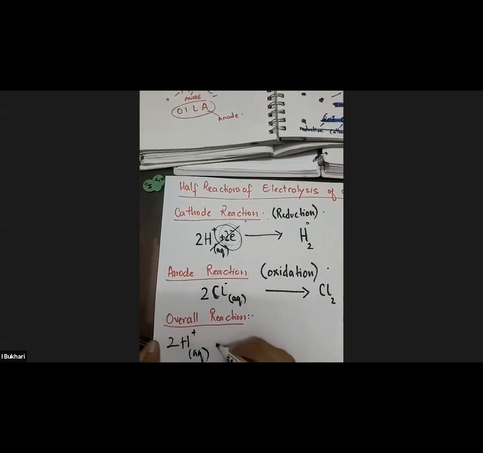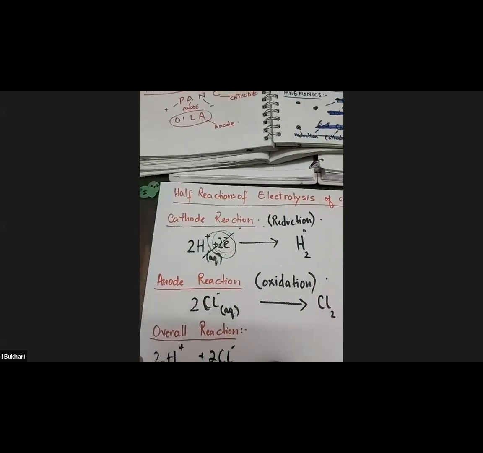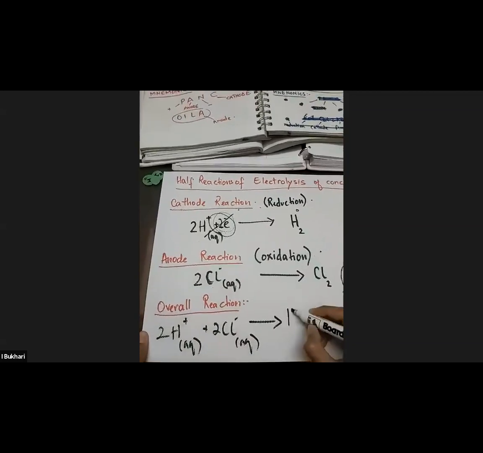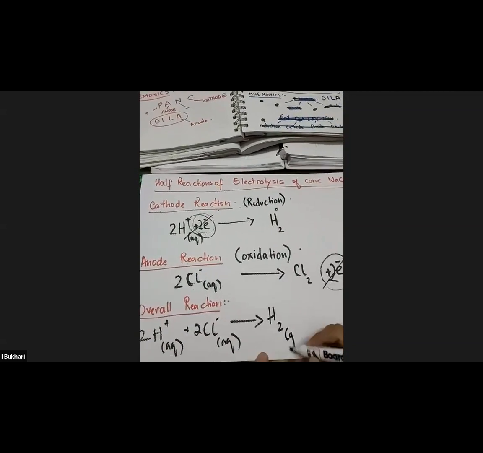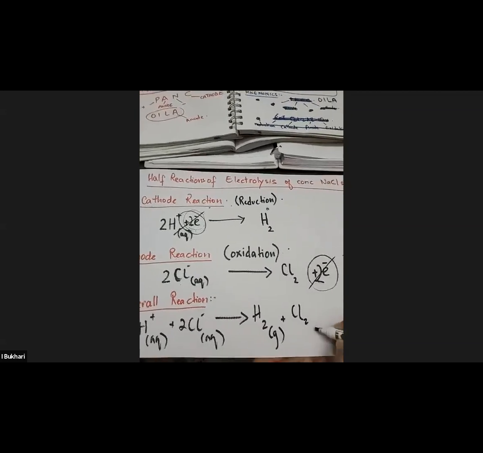Now I will write them together. So 2 hydrogen ions aqueous, 2 chloride ions aqueous, giving me hydrogen gas and chlorine gas, and that's it. This is the overall reaction for electrolysis of concentrated sodium chloride solution. And can you see that this is hydrochloric acid decomposing into its components, hydrogen and chlorine.